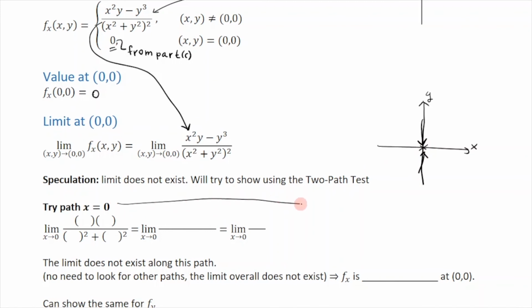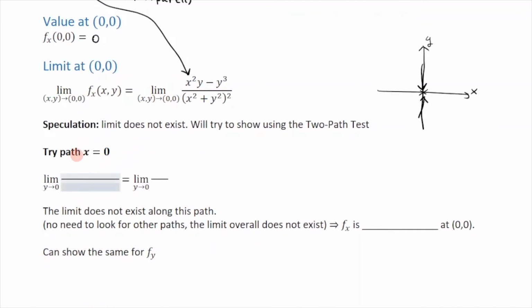That's why I'm choosing this path. Now we'll have the limit as y approaches 0 of, let's plug in x equals 0, so we'll have 0 squared y minus y cubed over 0 squared plus y squared, all of this squared.